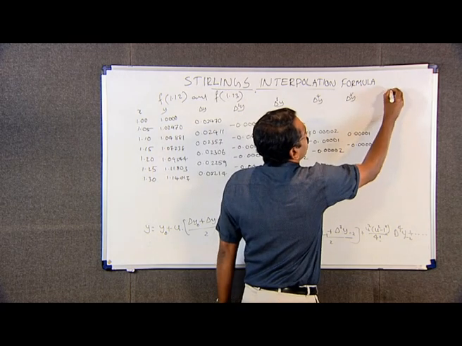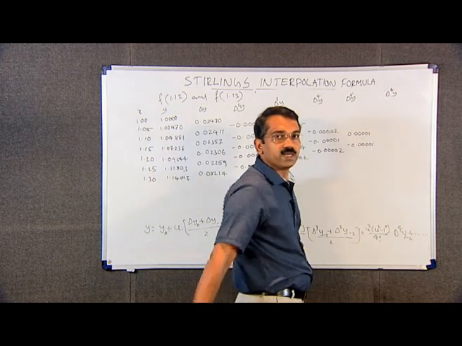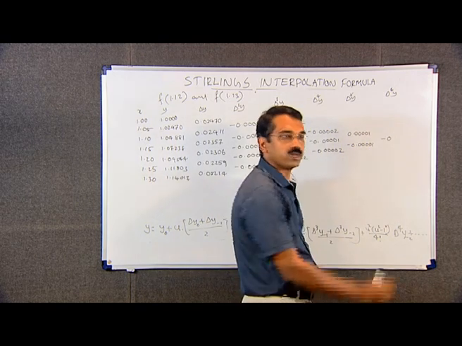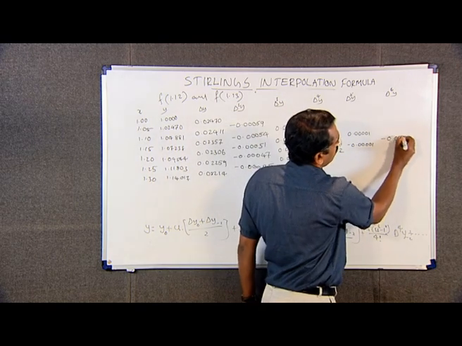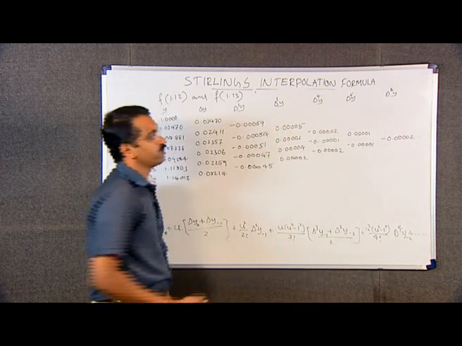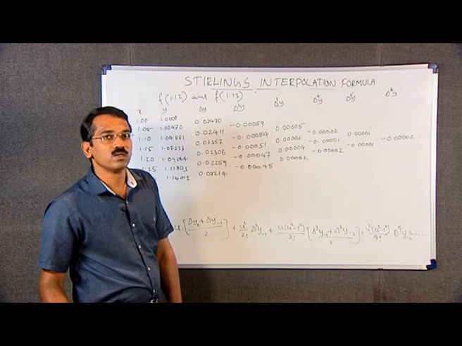The sixth order difference, delta raised to 6 y, is only one difference, that is minus 0.0002. This is the corresponding difference table.